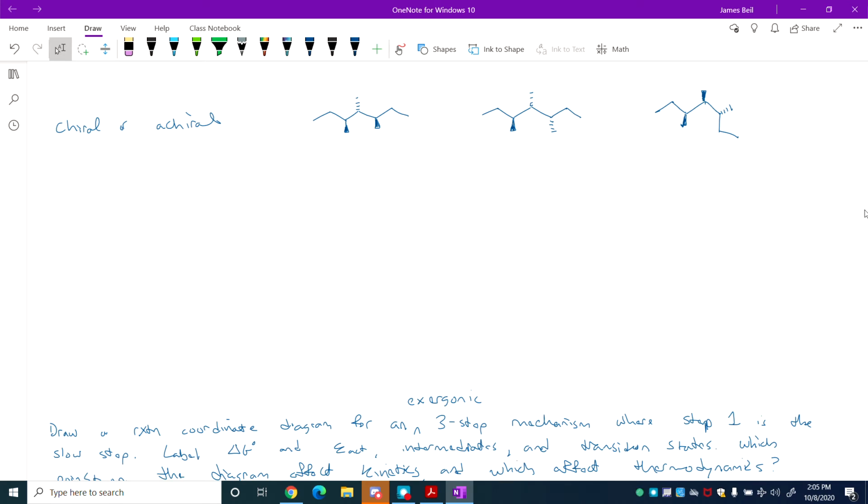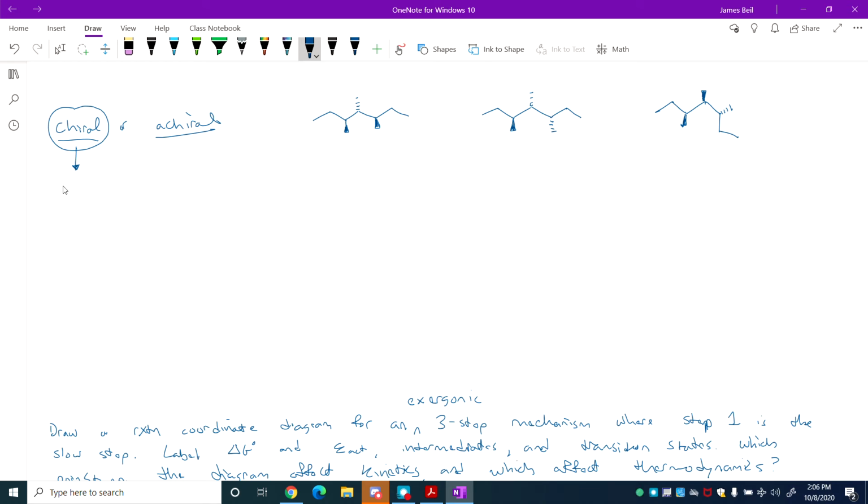So how do I determine if a structure is chiral or achiral? There's a few different ways to do that, but there's only one that doesn't have any exceptions. If I want to show that a molecule is chiral, there's one method that has no exceptions, and as long as I do the method correctly, it will always work.